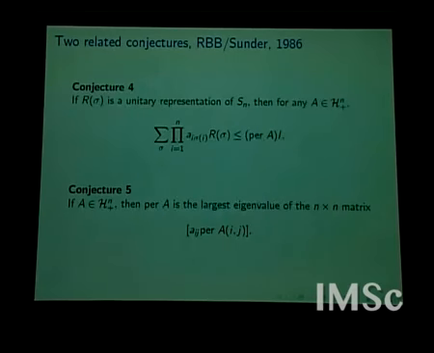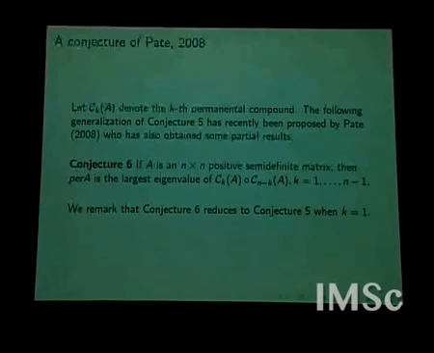The interesting thing here is it's an n cross n matrix, not a big matrix. And in fact, we can do a similar thing with higher order compound matrices, and this has been conjectured by Pate. Pate has written a lot of papers on the immanantal conjecture, and he has quite a few results.